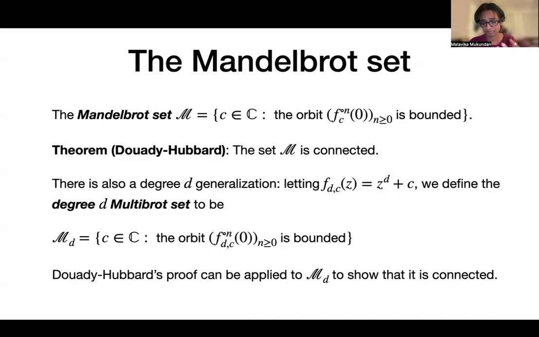All these polynomials have only one critical point, and we care about what happens to that critical point. We want to distinguish the parameters themselves by whether the critical orbits escape or not. Douady-Hubbard's proof can also be applied to the multibrot set of degree d to show that it is also connected. So everything that's true for the Mandelbrot set is mostly true for the multibrot sets.